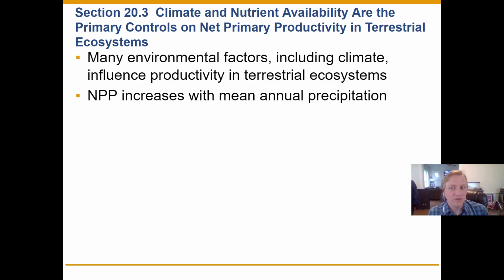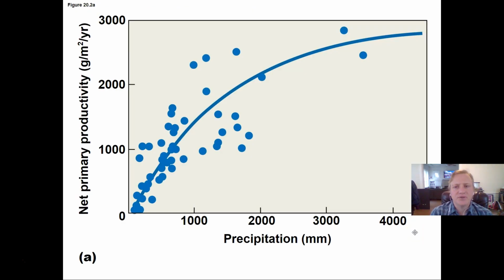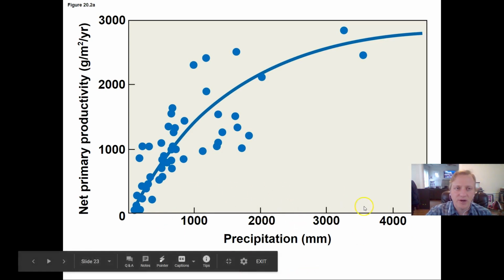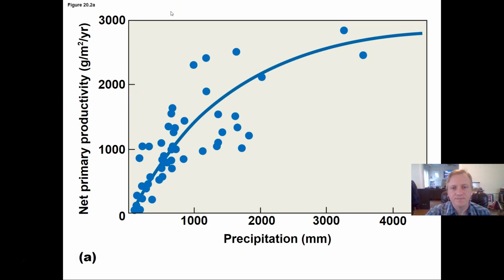Well, if you don't have one of those components, if you don't have water, which you get from precipitation, you're not going to be able to photosynthesize. So here is a nice graph that shows a very strong correlation between precipitation and net primary productivity. The more rain you have in a region, the more photosynthesis, or primary productivity, you have in that region.